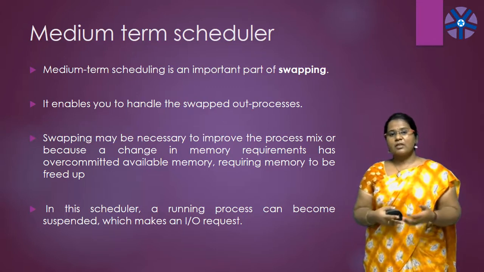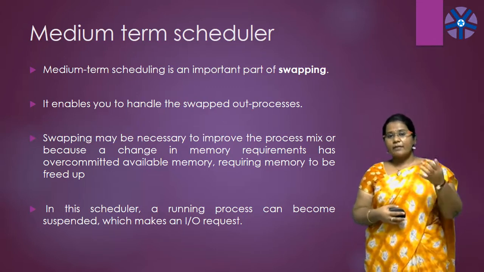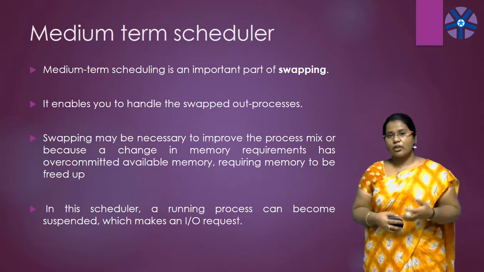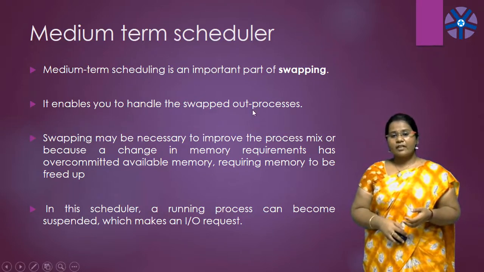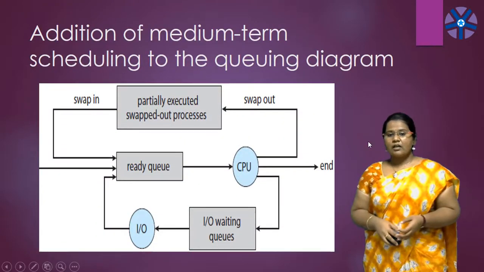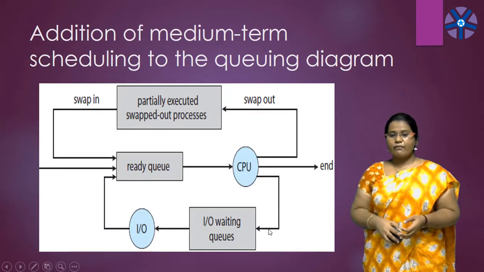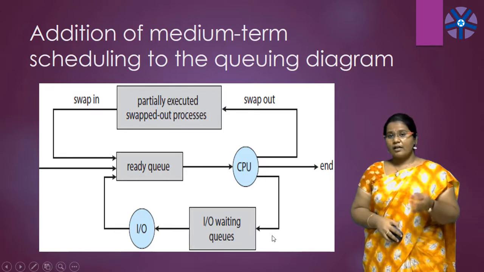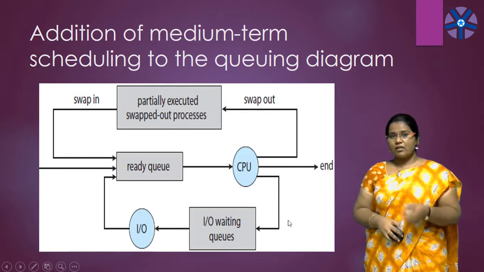Including this medium term scheduler, in the previously seen queuing diagram, you can modify the queuing diagram as follows. Previously we have seen 4 reasons for a process to come out from the CPU.